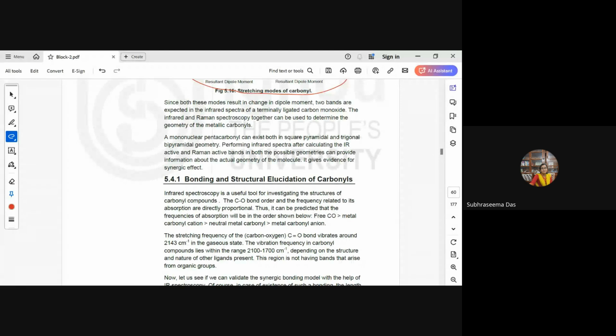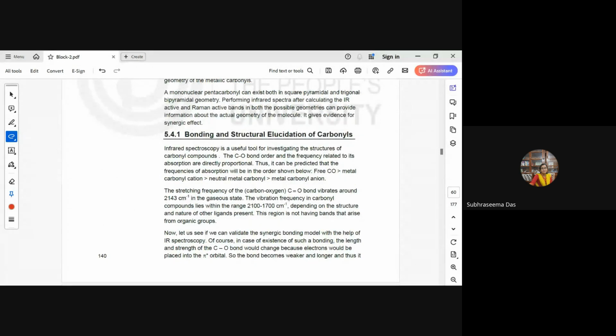When we perform the IR spectra of these carbonyl compounds, the location of the peak position indicates the type of stretching occurring inside the molecule. Infrared spectroscopy is a powerful tool for investigating the structures of carbonyl compounds. From IR spectroscopy, we can know the CO bond order and also the frequency.